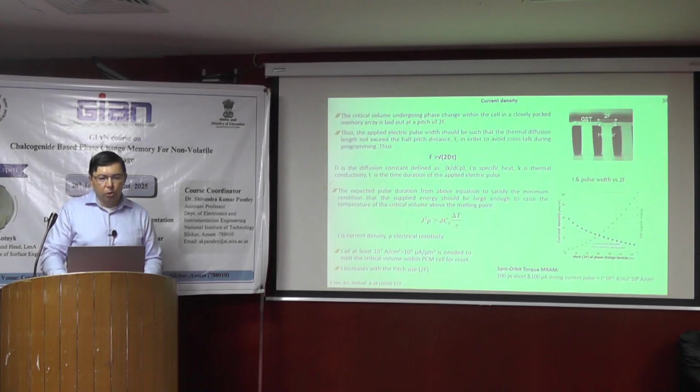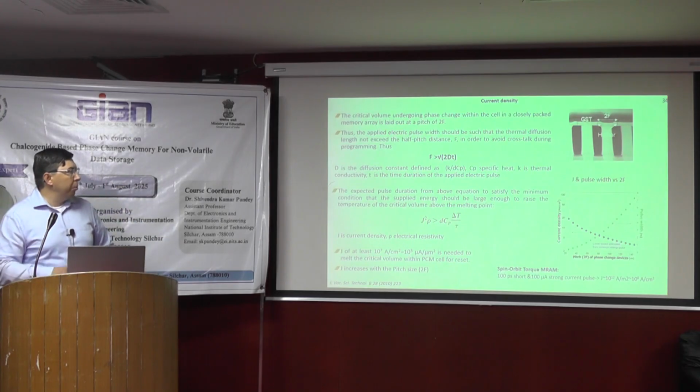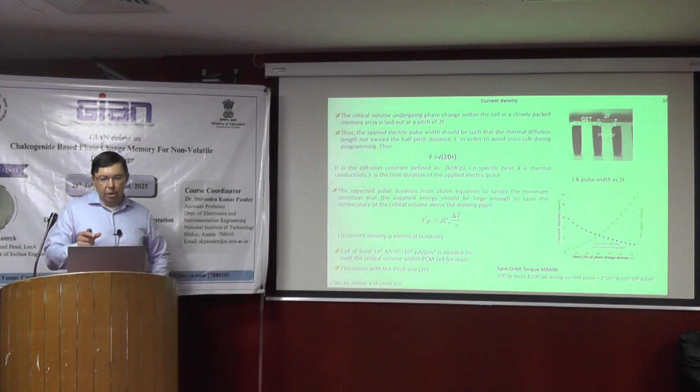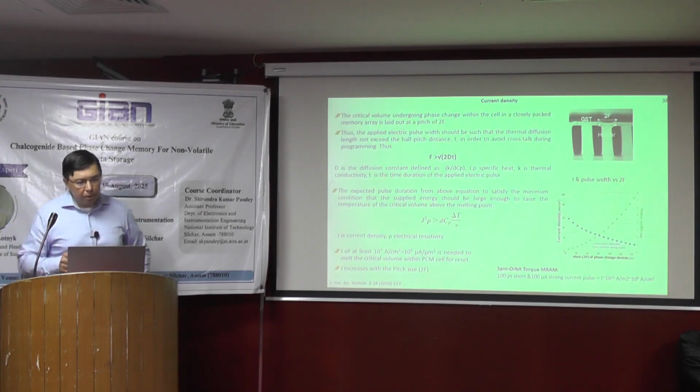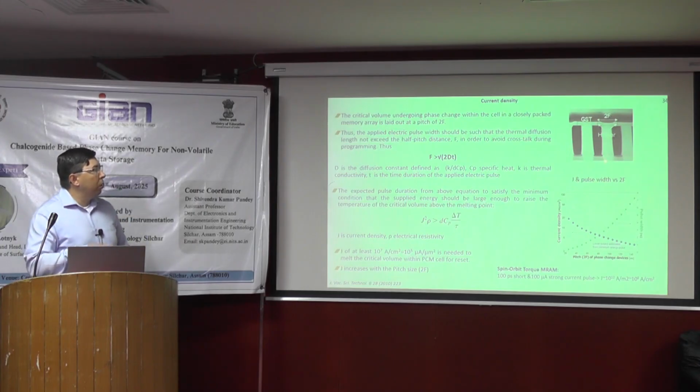So now let us look at the current density required to switch between the different memory cells. If we consider our design of the cell, like here, heater, this is the bottom electrode and top electrode, and this is the GST here.